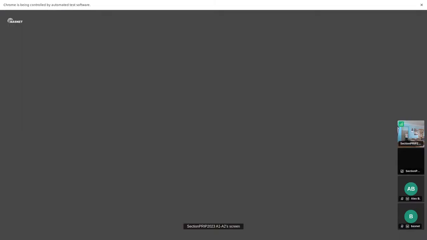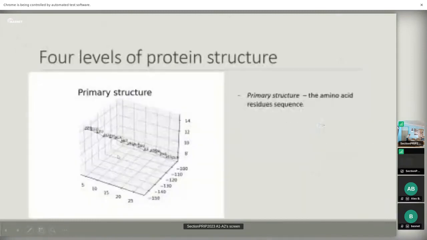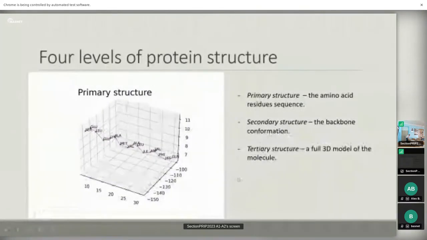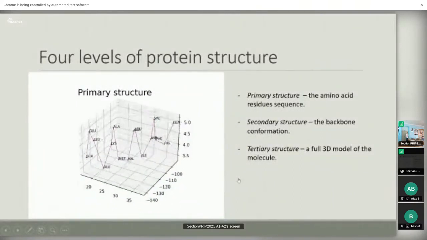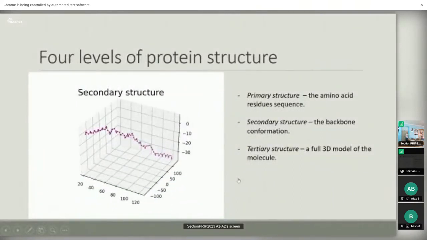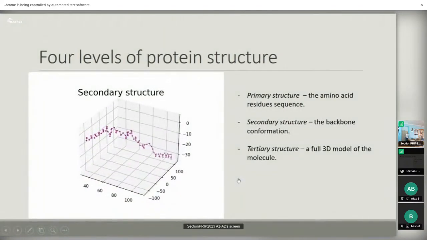So the topic of my speech is prediction of protein-protein interaction with matrices. First, we should talk about the notion of 4 levels of protein structure. There are 3 on this page.